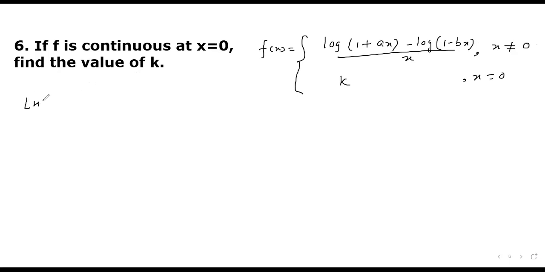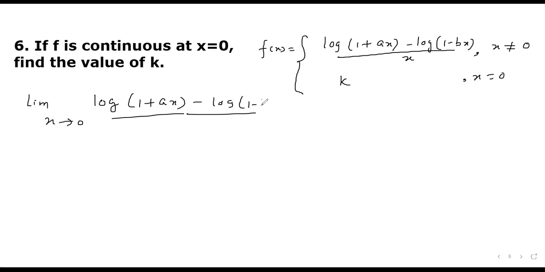LHL is here again; LHL and RHL will be equal. So I'm taking directly limit x tends to 0 of the function log(1 plus ax) divided by x, minus log(1 minus bx) divided by x.